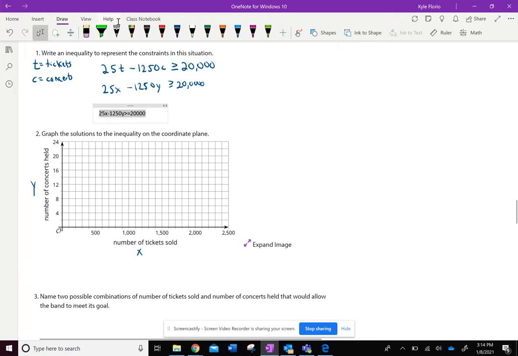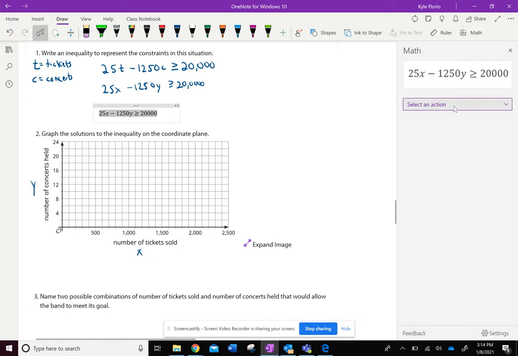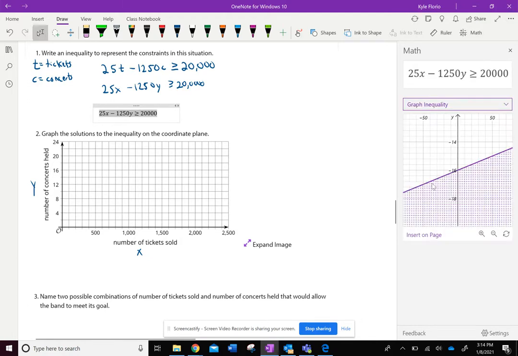I'm going to highlight that. I'm already in draw, so just go to math. So draw, math. There it is. They changed the symbol for us. Select action. We're going to graph that inequality. I need to move this a little bit because I'm not seeing what I want to see here. So I'm going to click and drag a little bit.